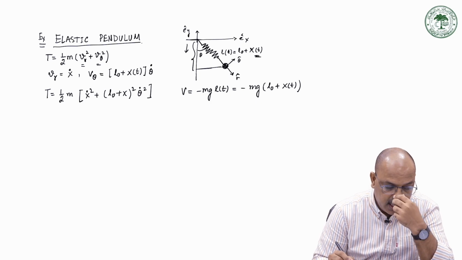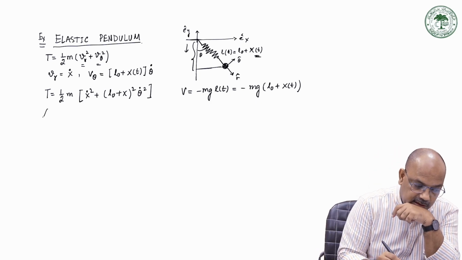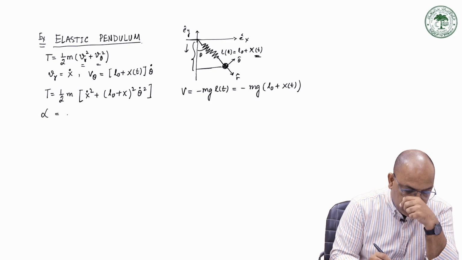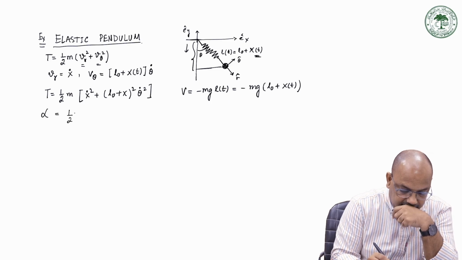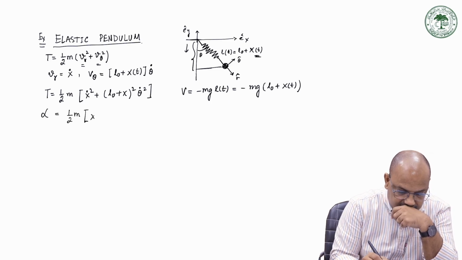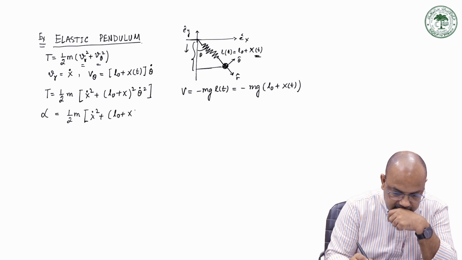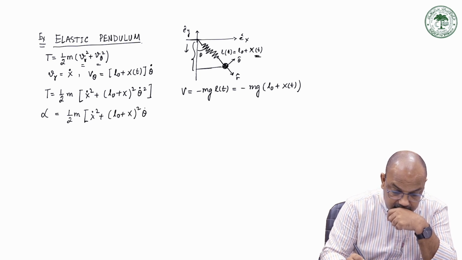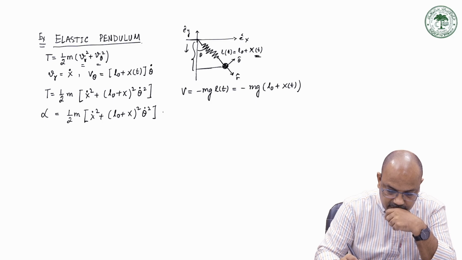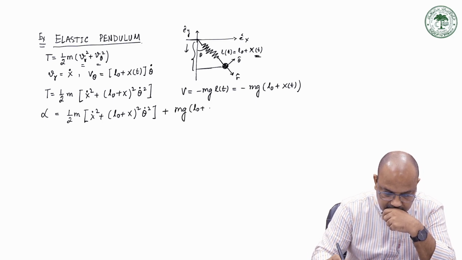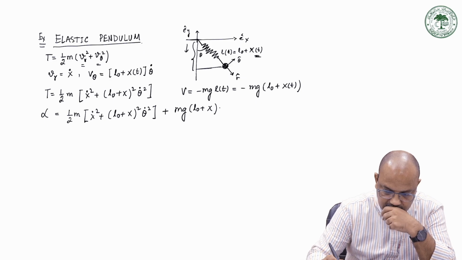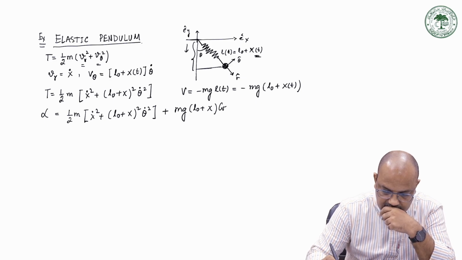So I can write the total Lagrangian as half m times x dot square plus (L naught plus x) square theta dot square, plus mg (L naught plus x) cos theta.